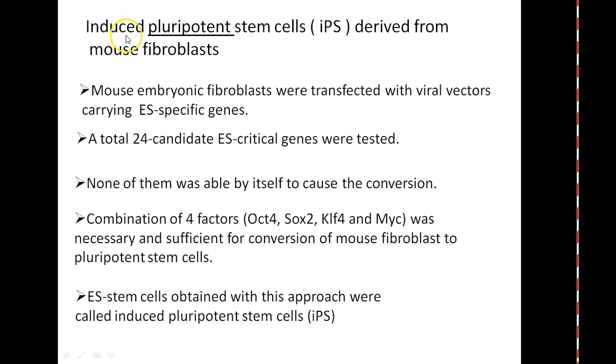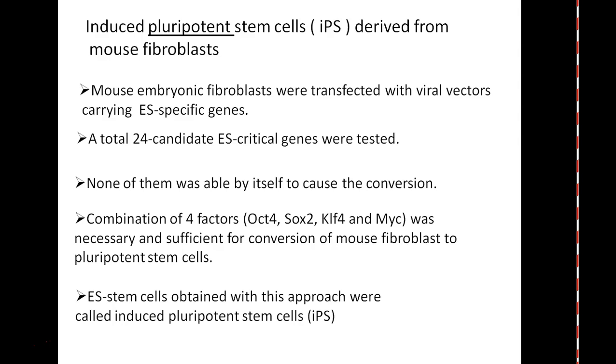So this is how they were able to do it. They took mouse embryonic fibroblasts, and what they knew at that time was that stem cells have specific genes that are expressed only in stem cells.